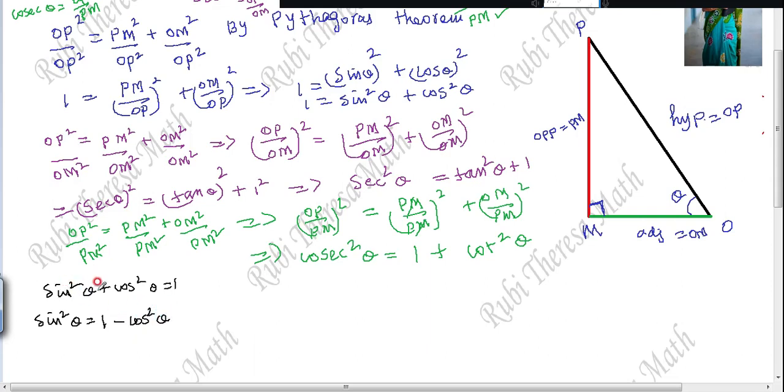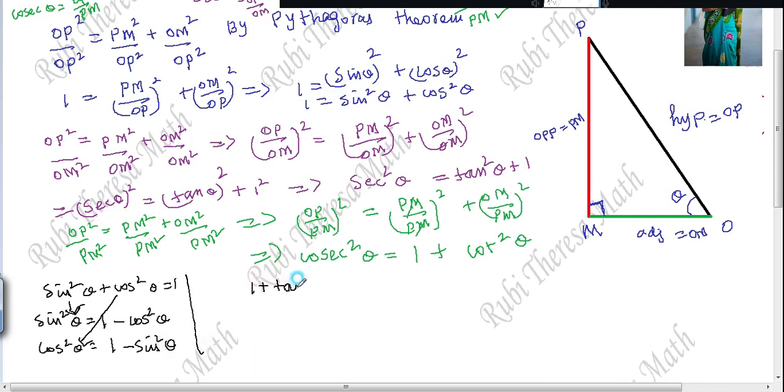So if you know sin square theta plus cos squared theta equal to 1, then you can find out these two equal forms. Sin squared theta equal to 1 minus cos squared theta. Another one is cos squared theta equal to 1 minus sin squared theta. Here you are finding sin squared theta, so here minus cos squared theta. Here you are finding cos squared theta, so here minus sin squared theta. Do you follow? Next one is what?